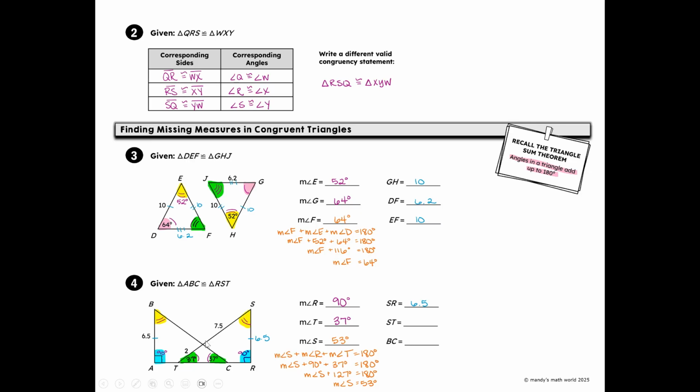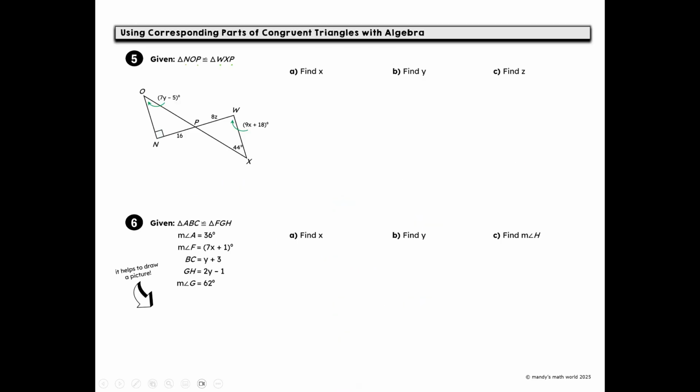So segment ST is going to be 7.5 plus 2, which is 9.5. So we have to use the segment addition postulate. The length of ST is 9.5, which means the length of BC, which corresponds to ST, is also 9.5. Okay, let's move on.